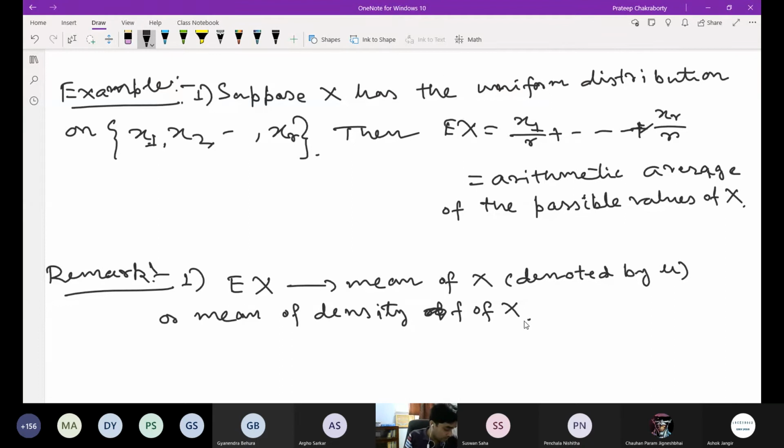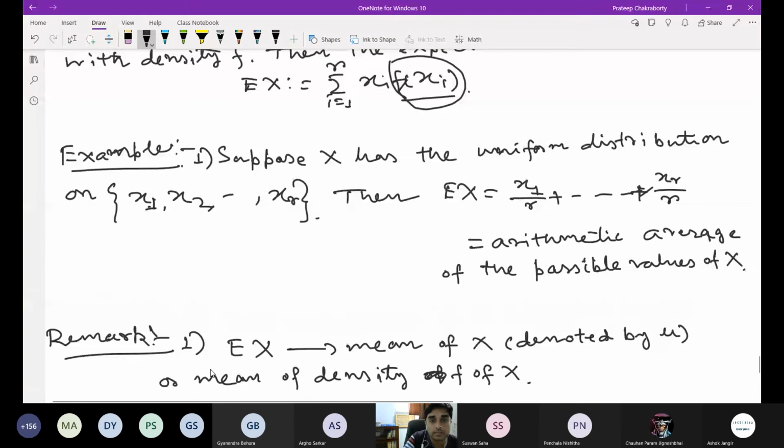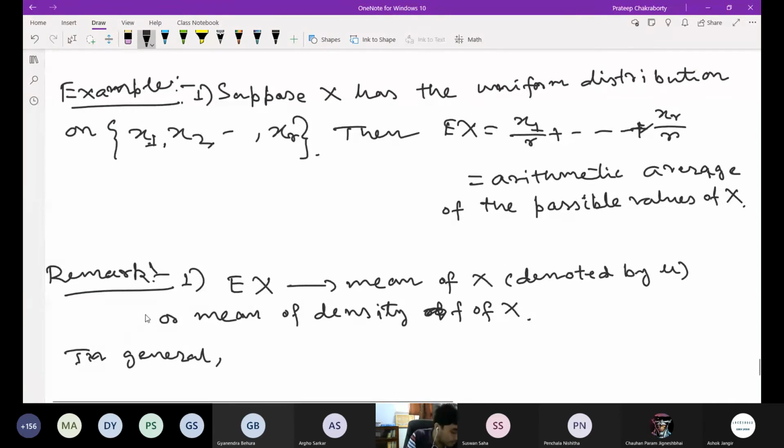And in general, what you see here is the summation xi f of xi. So in general, Ex is a weighted average of the possible values of x, because we are attaching the weight f of xi.